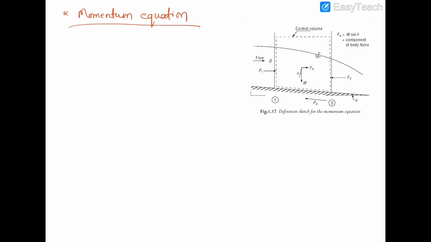Next is the momentum equation. The momentum equation is based on the principle that the total force acting on a fluid mass in a particular direction is equal to the rate of change of momentum in that direction. Based on Newton's second law, F is equal to ma, and this we can write as F is equal to m dv upon dt.